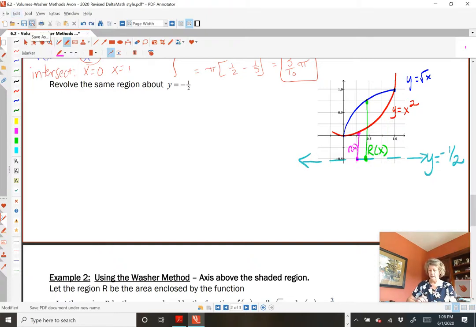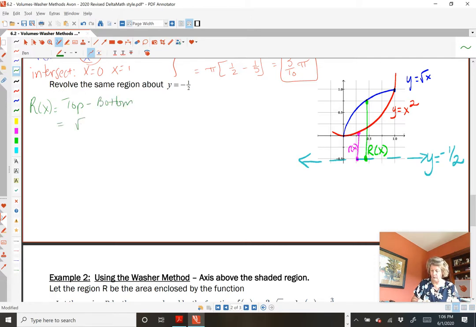All right, so now let's do some calculating here. Big R of x. Still think in that top minus bottom format. So my top curve, once again, is square root x. Bottom curve is the axis of rotation, which is -1/2. So my big R in this case is a little more complicated than last time. It's square root x plus 1/2.